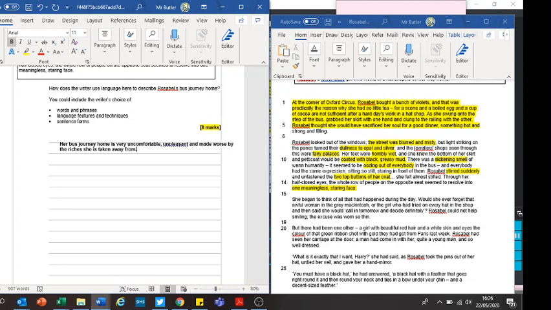Right. So I'm just trying to sum up just generally what's going on in that passage.